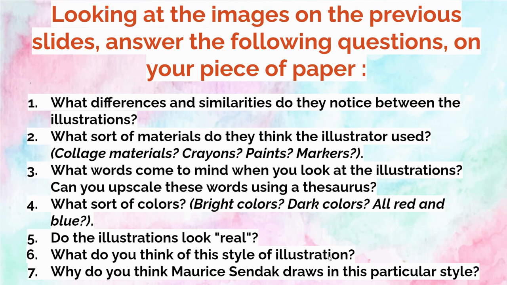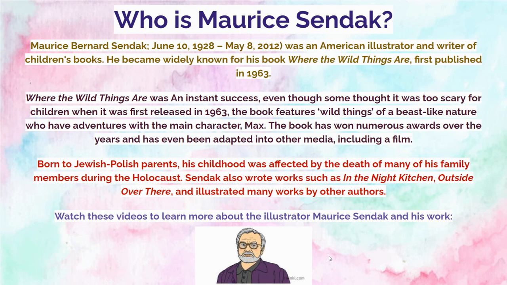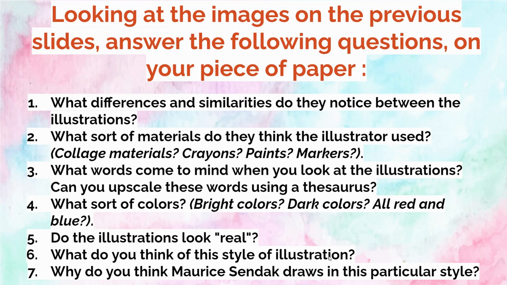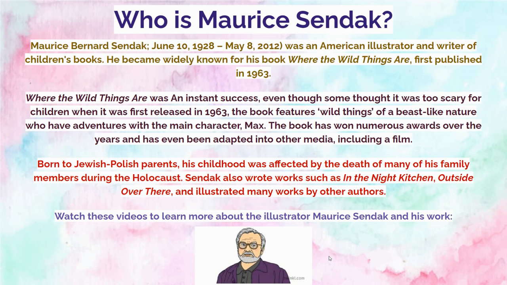Can you include expressionism, impressionism, the use of materials? Can you think about the shading that's involved in this? Can you think about the textures? Can you think, why has the illustrator done these pictures? And why and how do you think that they've made them as they are? Do they look real to you? Those sorts of questions are based on your own reflections that should be in full sentences. Once you've done that, pause this video, and then move on to the next slide.